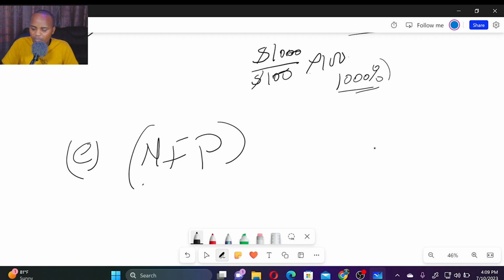When we talk about non-farm payroll, we are talking about employment, excluding farms, the private sector and non-profit sectors. When we have this one, it causes the market to move so fast.